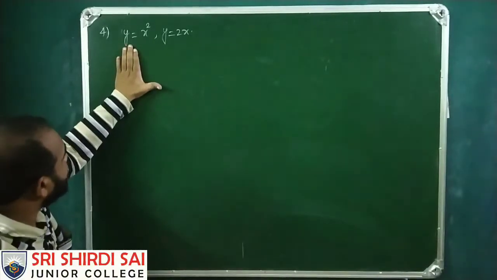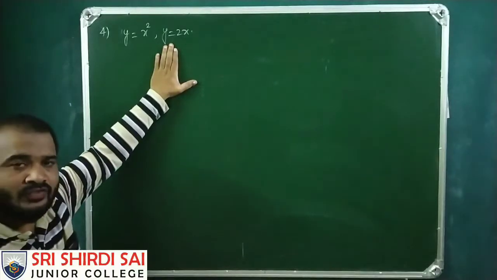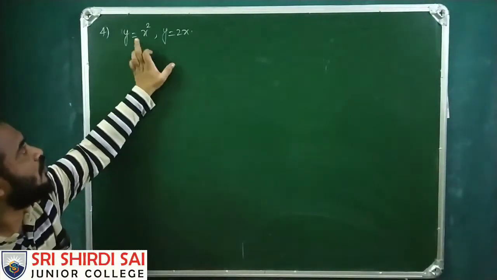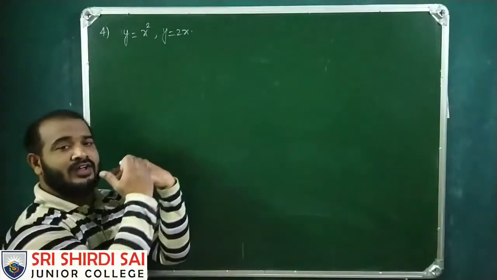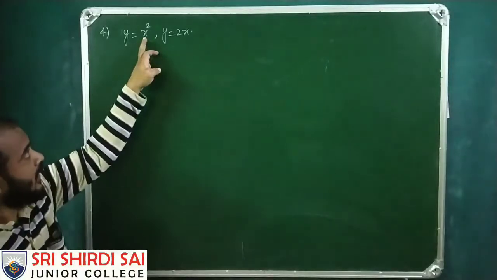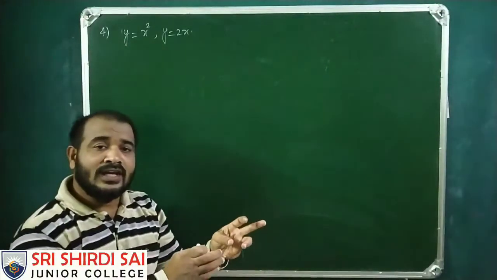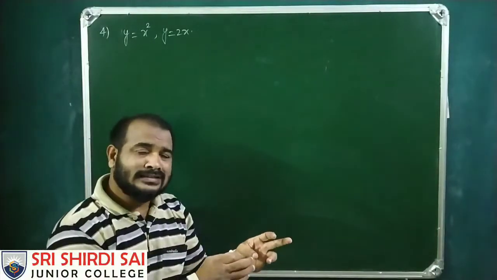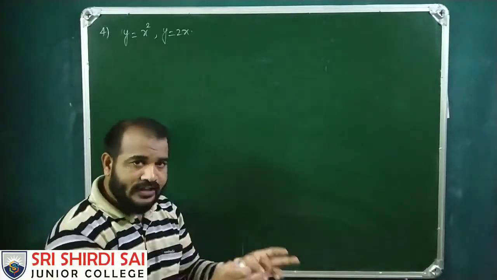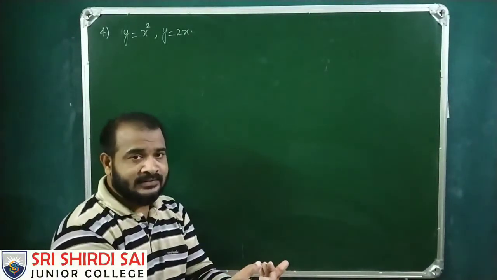Now the area of the region bounded by y equals x square and y equals 2x. We are very much familiar with these two curves. So y equals x square, in other words x square equals 4ay. It is of the form x square equals 4ay, the standard form of the parabola whose vertex is at the origin, x power even, symmetric about the y-axis.